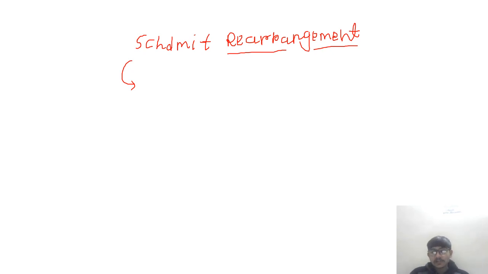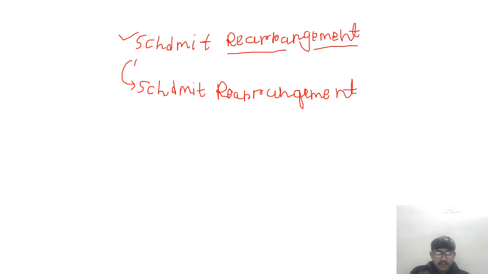So which reactions are there in which the transfer of a group takes place on the nitrogen? One is Schmidt rearrangement, then there is Beckmann rearrangement, then there is the Curtius reaction.